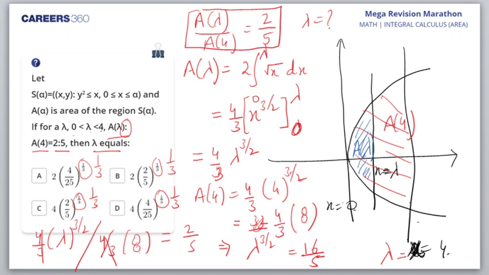Okay? Can I make use of the next slide? So what do I have? I have lambda cube. I did cubing both sides. It is 256 by 25. Squaring both sides I did. Then I take cube root, so lambda cube is equal to, this is 4 raised to power 4, okay, and this is 25 only.